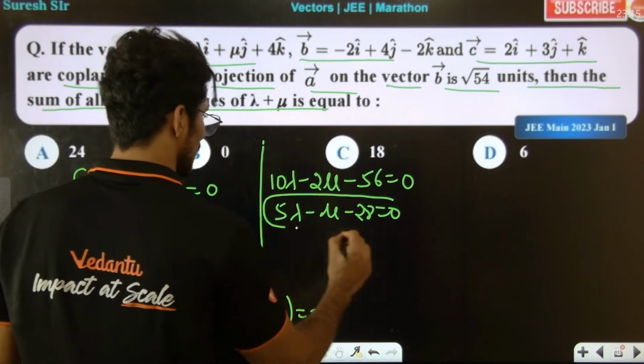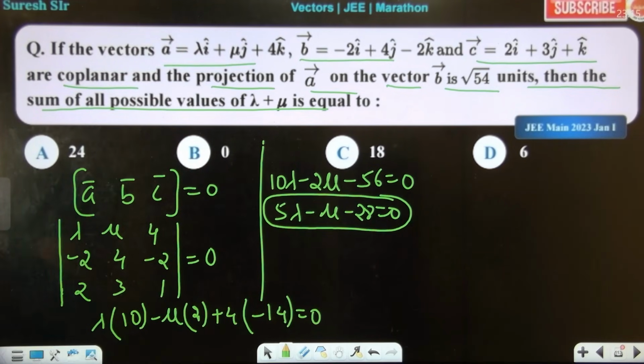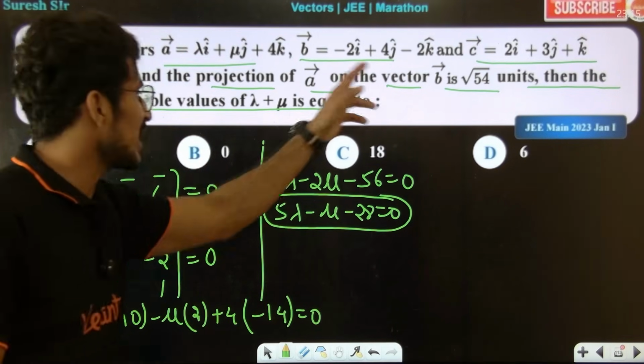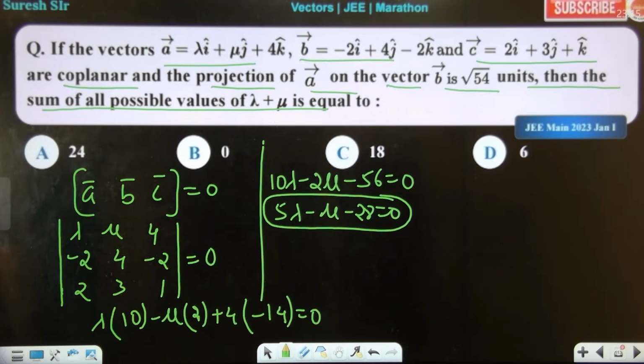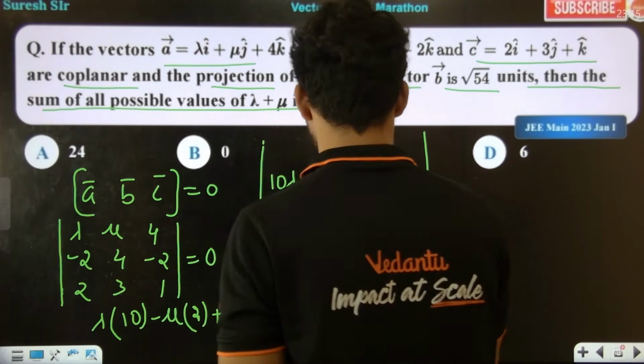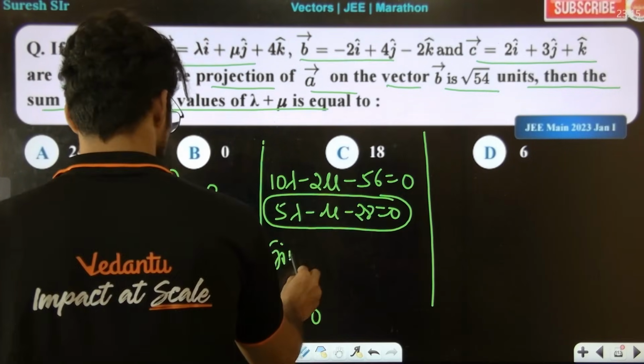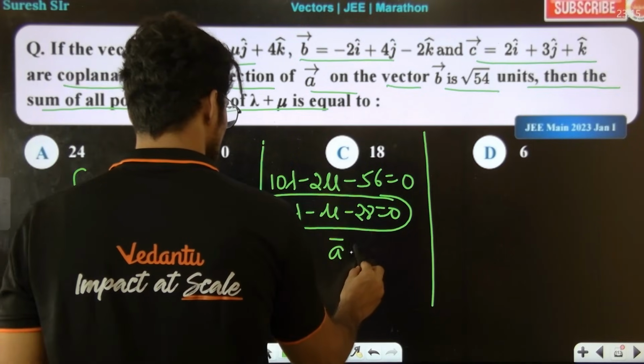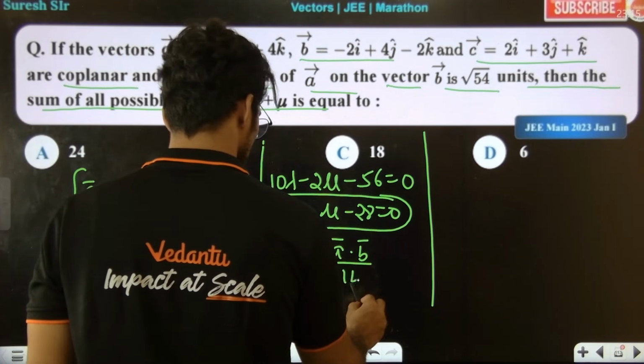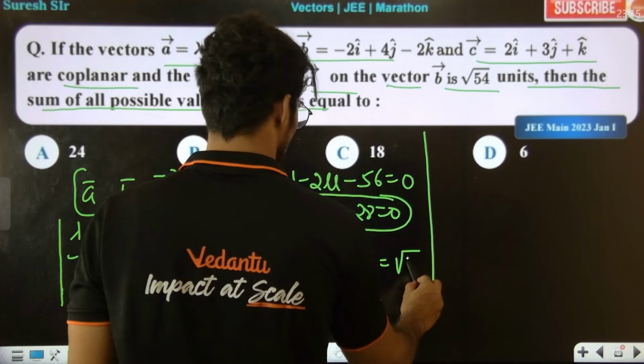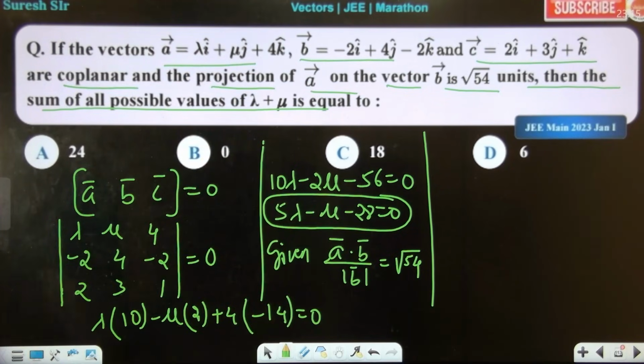Is this one equation? Yes or no? Yes sir. Now the projection of A on the vector B is given. They have given A and B; the projection of the A vector on the B vector is root 54, A dot B.